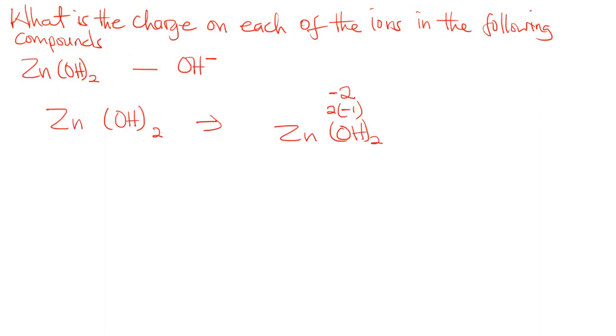So we can say that if we write zinc OH2, the charge here for the OH is -2. And because OH has -2, zinc must have +2. But we know that each OH has a -1 of charge.